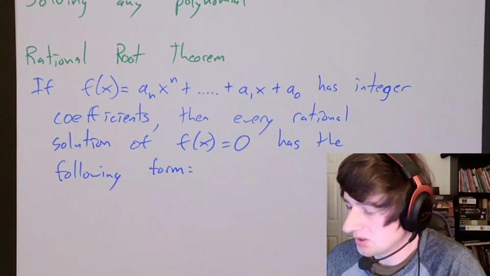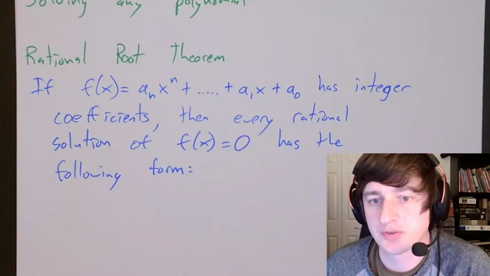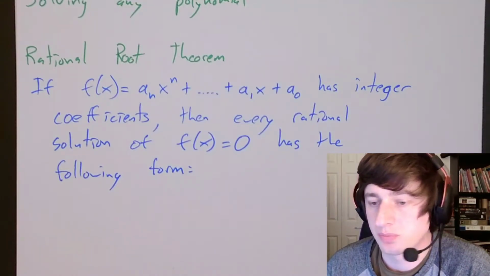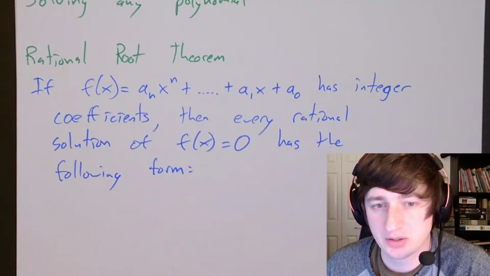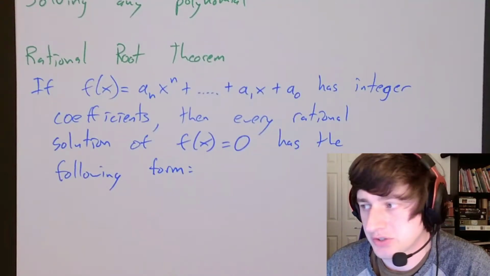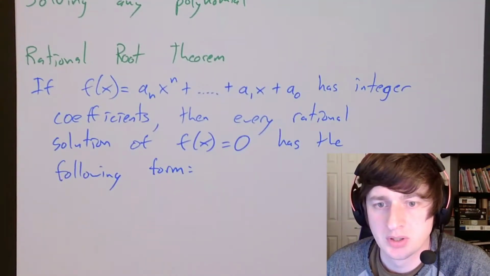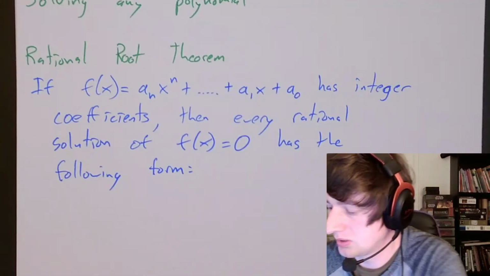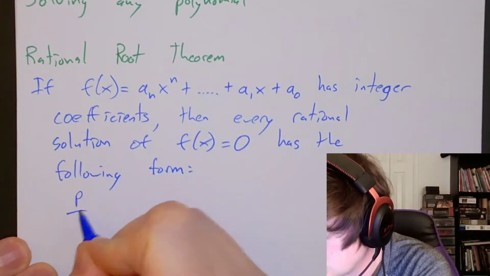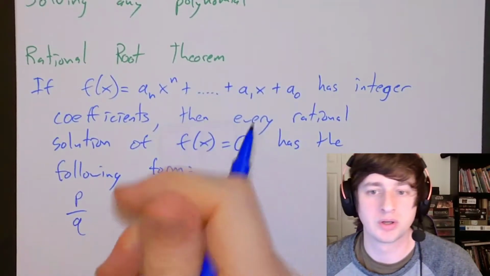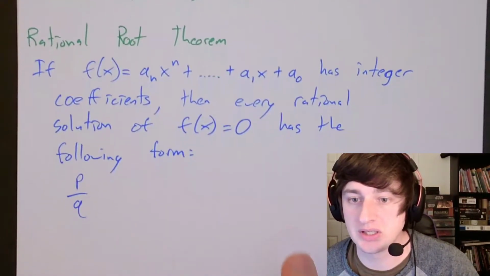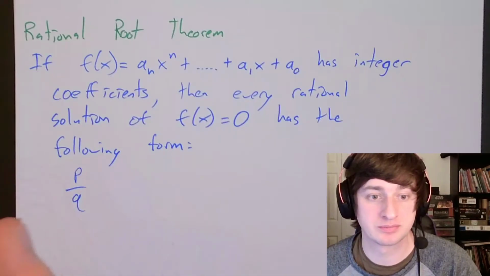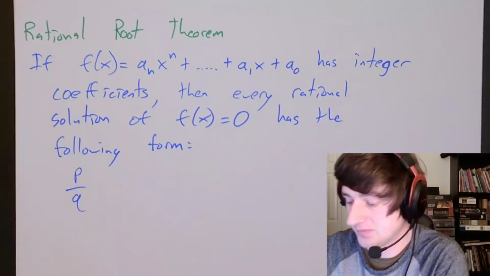So as long as the numbers in front of the x's, as long as the coefficients are integers, positive or negative, but no fractions or irrational numbers, then every solution has the following form: P over Q. And P and Q are just going to be some numbers that are determined by these two things.